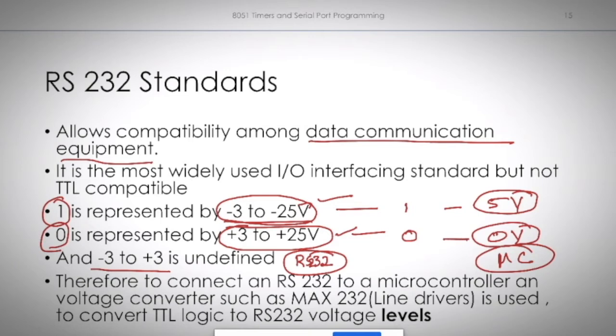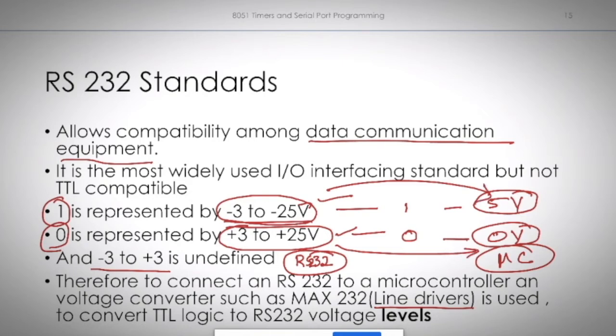In order to make sure you have compatibility between RS232 and TTL logic, we will be using something called line drivers. That means a signal of 1, between -25 and -3, will be converted to plus 5, and +3 to +25 will be converted to 0.